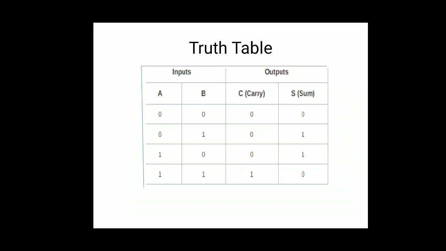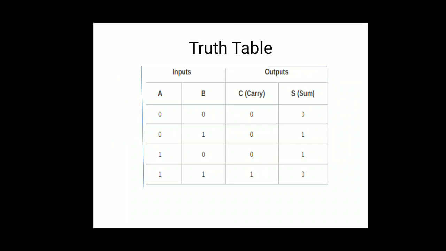As per this, the sum that will get generated will be 1 when any of the input value is 1, and if both the inputs are 0, then the sum that will be generated will be 0 and carry also will be 0. As you can see, when A and B values are 0 0, the sum is 0, carry is also 0.